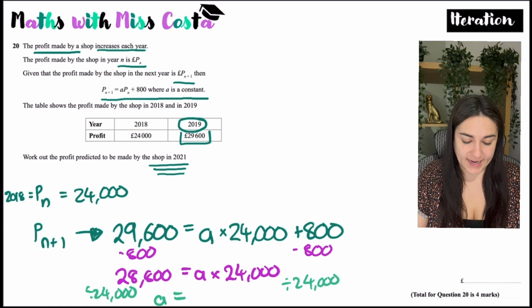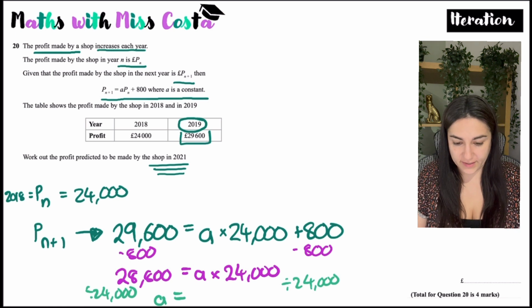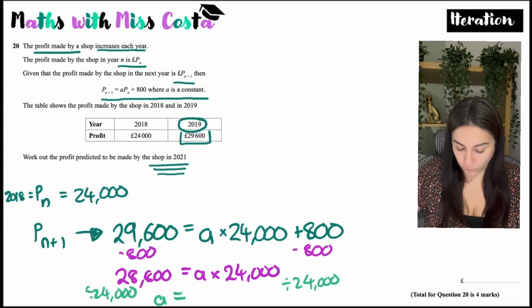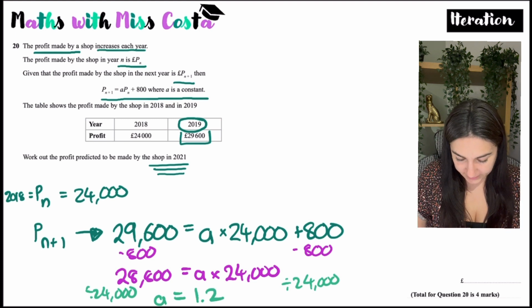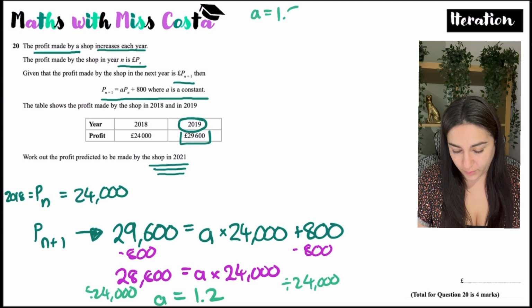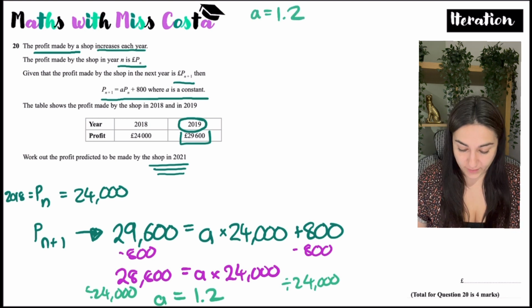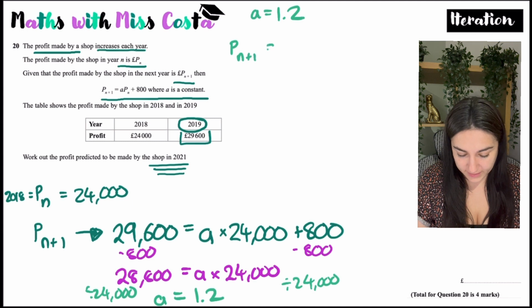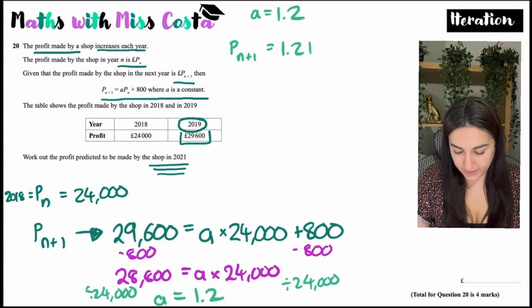So 28,800 divided by 24,000 is 6/5, which is 1.2. So I know that A is 1.2, and now I have an equation, an iterative formula for working out any other year. So I know that Pn plus 1 equals 1.2 Pn plus 800.